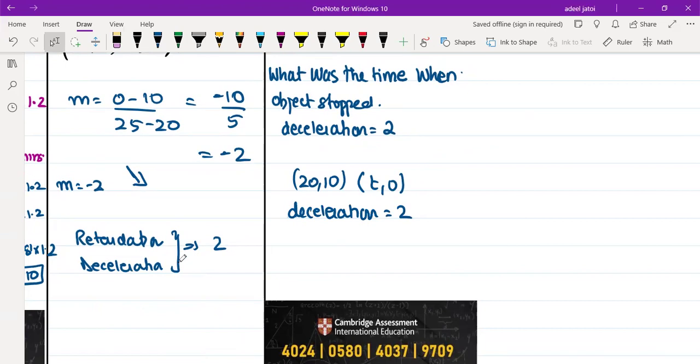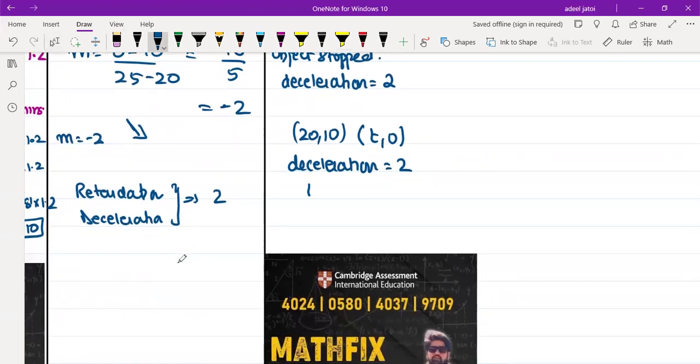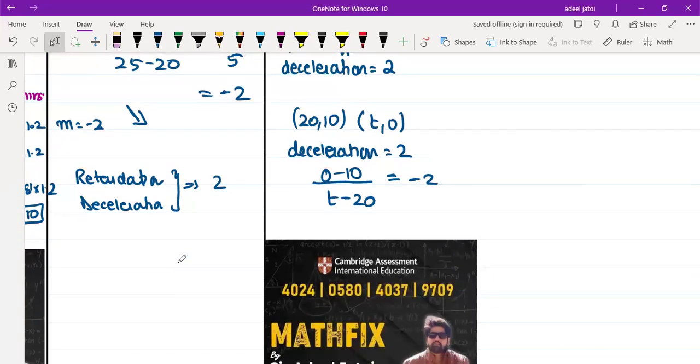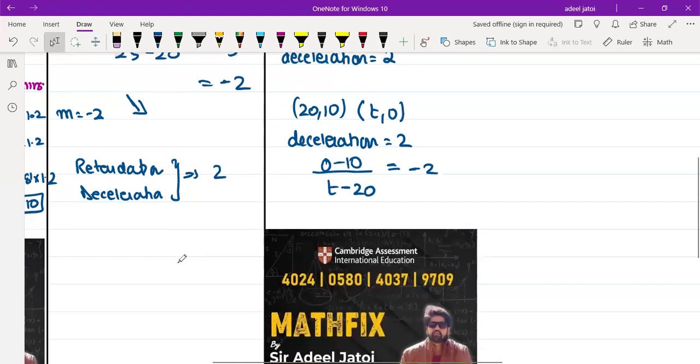But from your own end, you will introduce the negative sign, which means you'll write 0 minus 10 over t minus 20 is equal to minus 2. You'll write it as minus 2, so that when you calculate it, your t becomes positive.